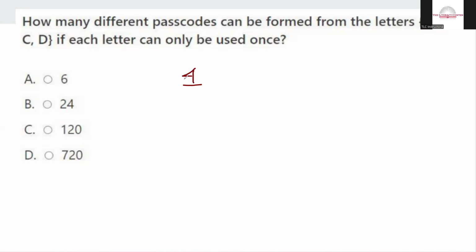Now that we've chosen that, for the second position, there are only 3 letters to choose. After we choose that one, there are 2 left, and after that, there is only 1 left. And if we multiply those, we will get the answer to this question. 4 times 3 times 2 times 1 is 24.